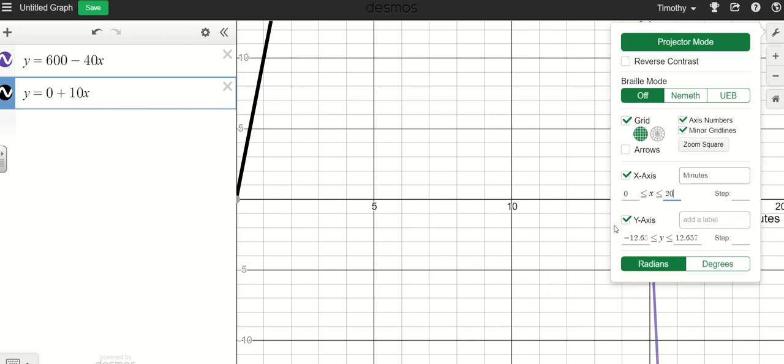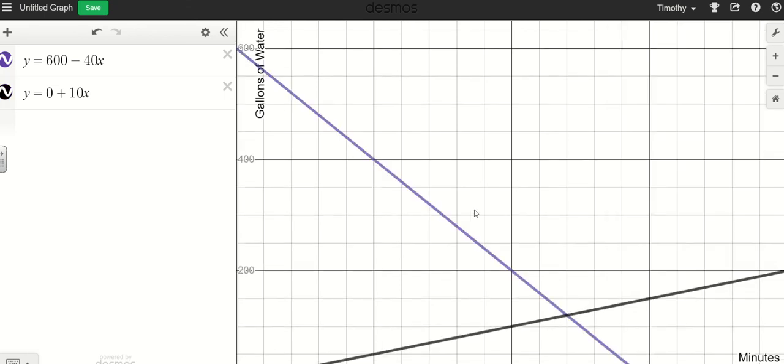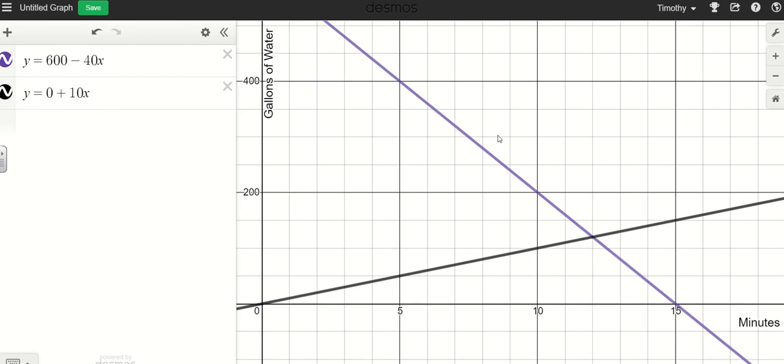And the y-axis represents the gallons of water in each. So I'm going to say gallons of water is my label. And my y-axis is going to go from 0 to, I think the biggest tank was 600, so let's go a little more, 650.